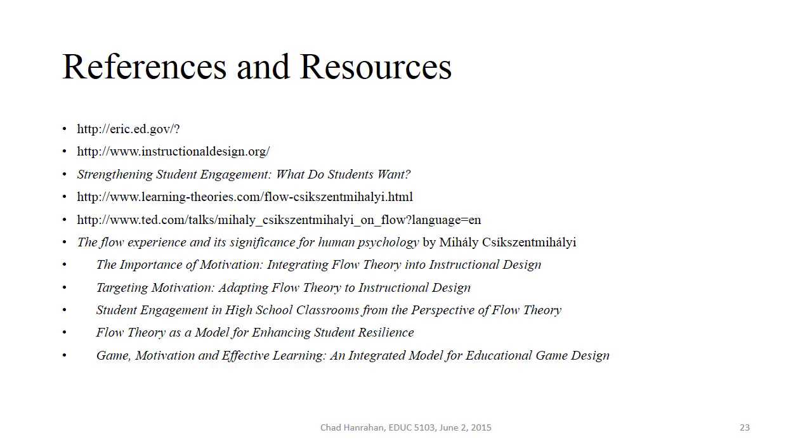Then there's www.instructionaldesign. Then there's Strengthening Student Engagement: What Students Want. Then there's learningtheories.com that talks about flow theory. And I've thrown in the TED Talks presentation by Mihaly Csikszentmihalyi, just in case someone wanted to copy and paste that into their browser and check it out. And then there was his actual book, The Flow Experience and Its Significance for Human Psychology, and the 5 papers I did my literary review and analysis on.